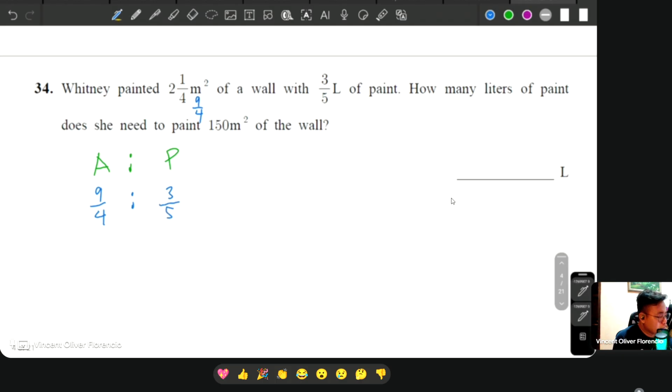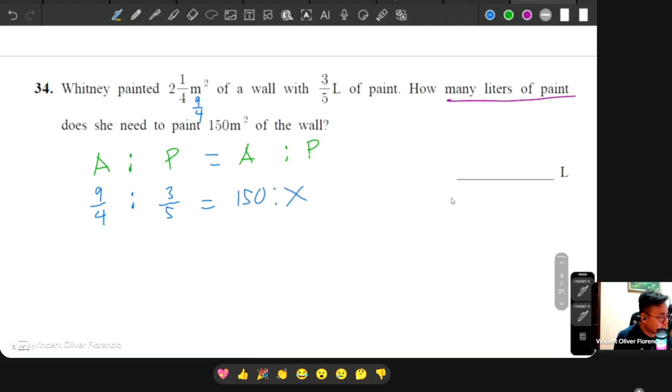That should be the same as, in the same format, area is to amount of paint. The one given is the area, we have 150, and the one being asked is the amount of paint.